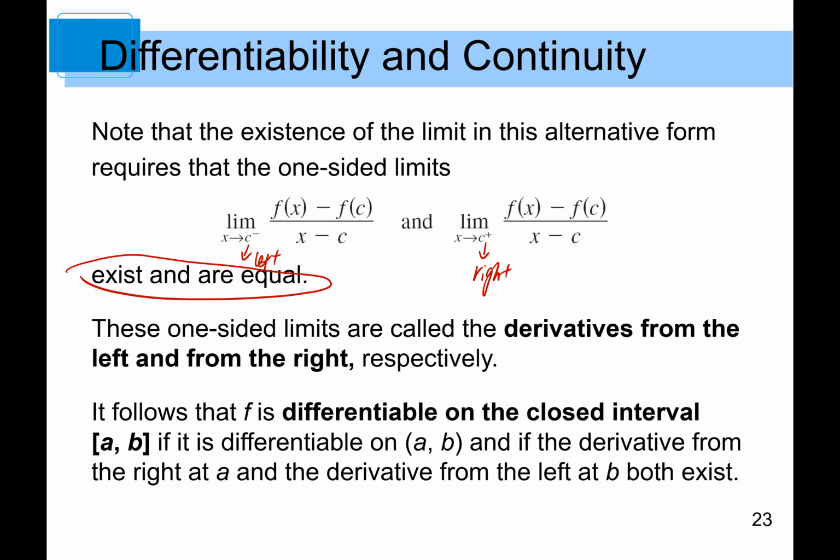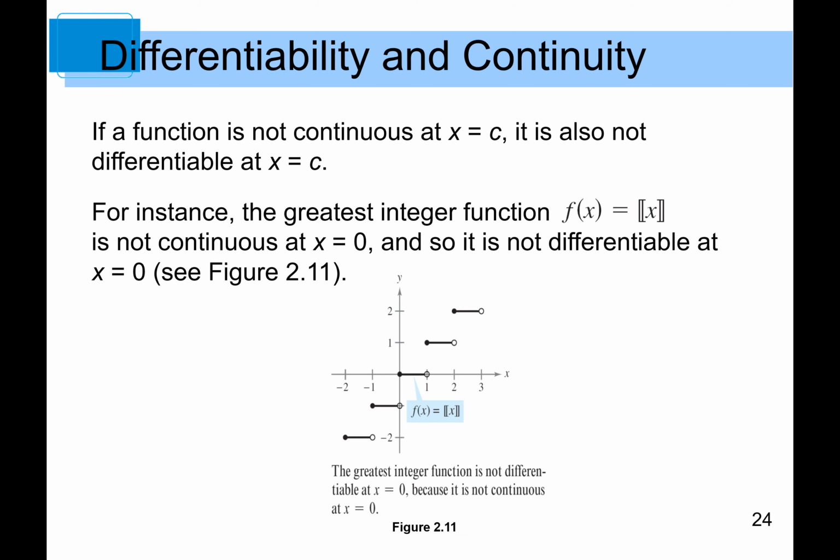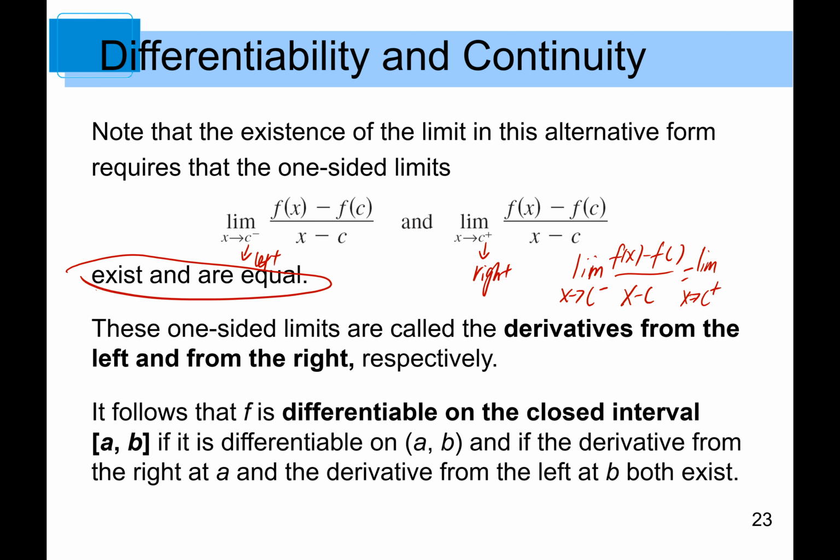So the limit as x approaches c from the left of (f of x minus f of c) over (x minus c) must equal the limit as x approaches c from the right. These one-sided limits are called derivatives from the left and from the right, respectively.